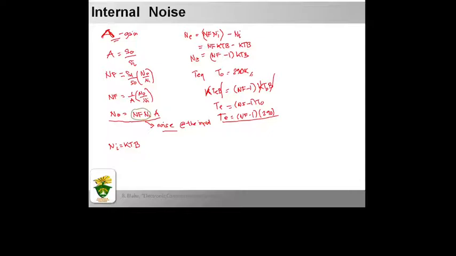So rearranging this value, we will get the noise figure equal to, what is the value? T equivalent over 290 plus 1. Okay? So we can get the noise figure directly from this equation.